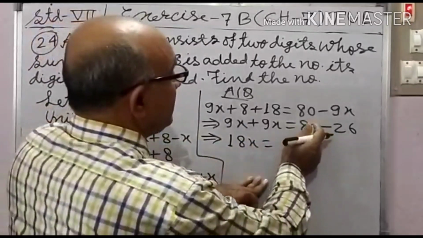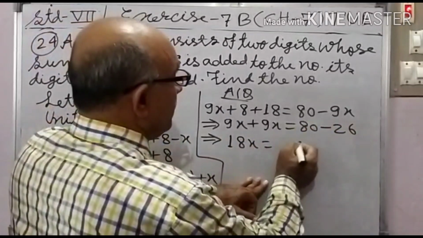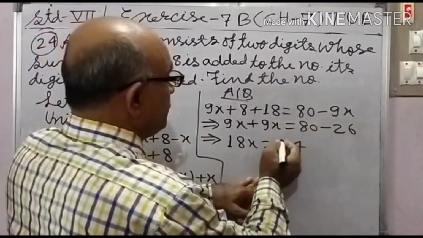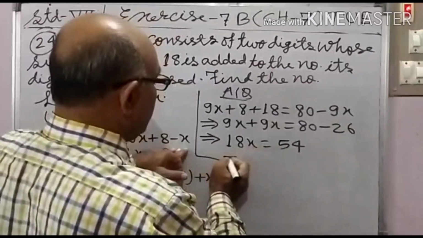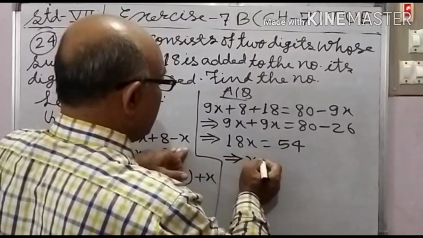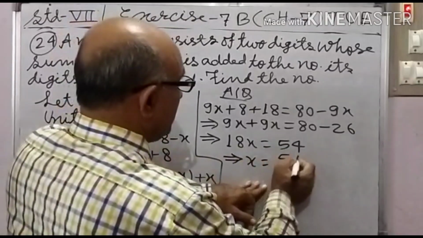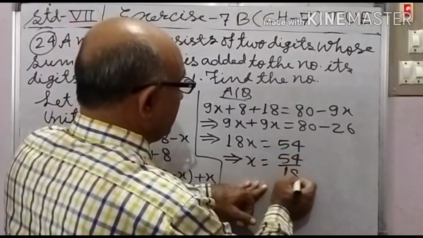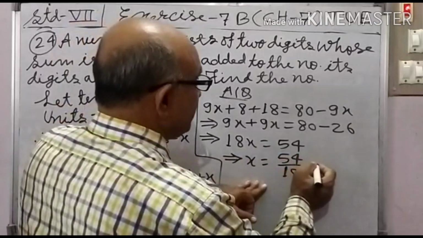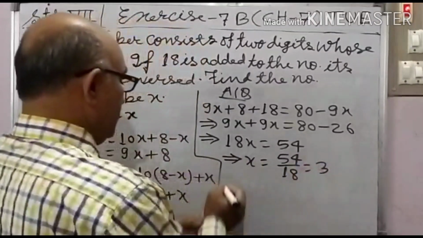Now subtract it. 80 minus 26 is 54. That implies x equals 54 by 18, that means 18 times 3 is 54, so x is 3.